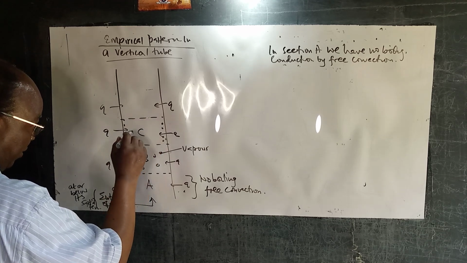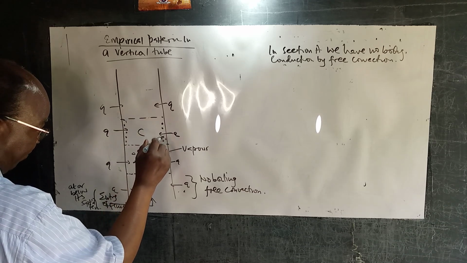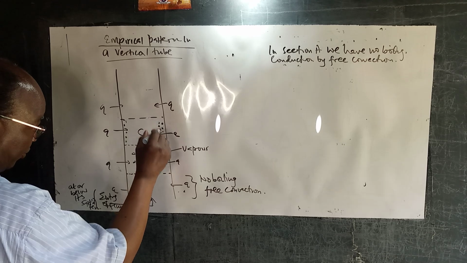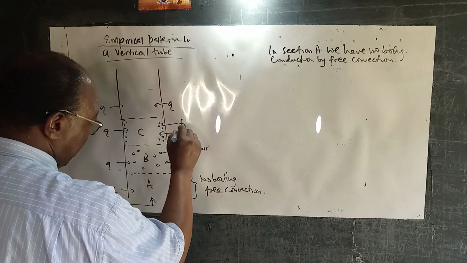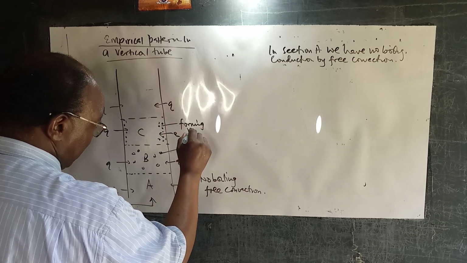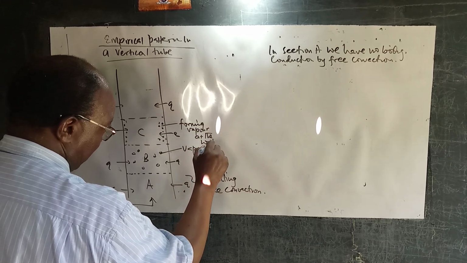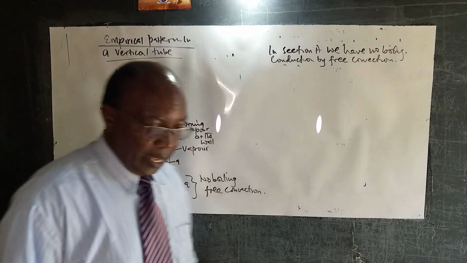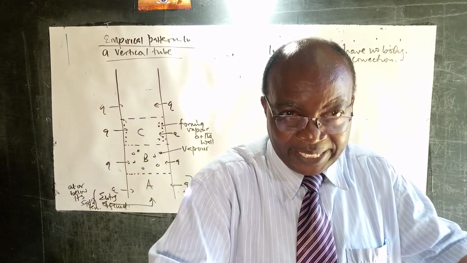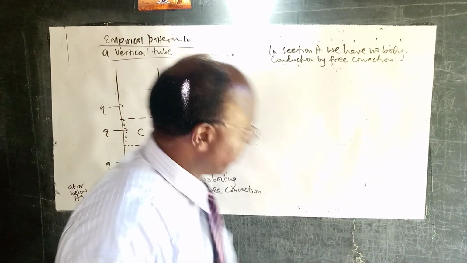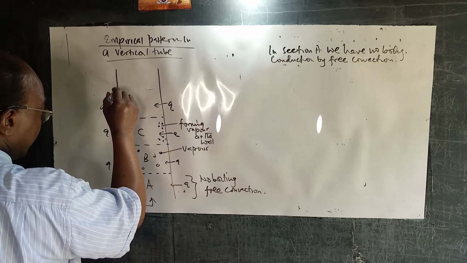Section C, we are forming more vapor at the walls. And now we are graduating systematically into the slug flow system.